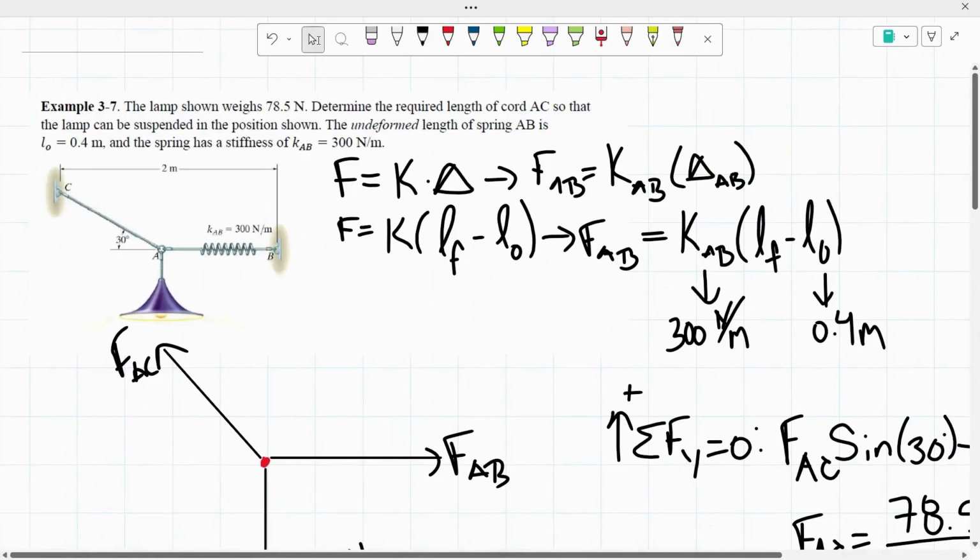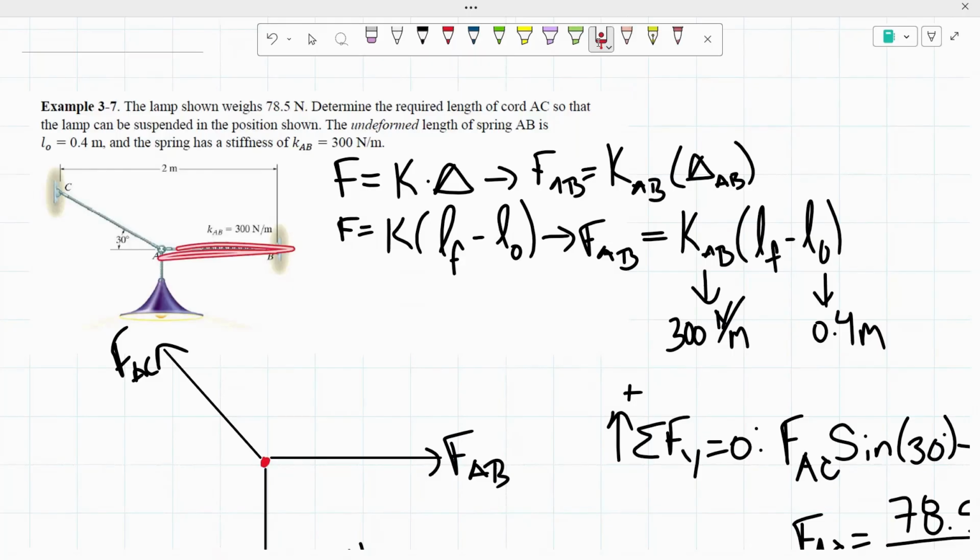So once again, how we solve this problem is we recall the equations that we use when a spring comes into play. We were given the stiffness of the spring and the original length of the spring. From there, we tried to find the force of the spring, or the force of AB.